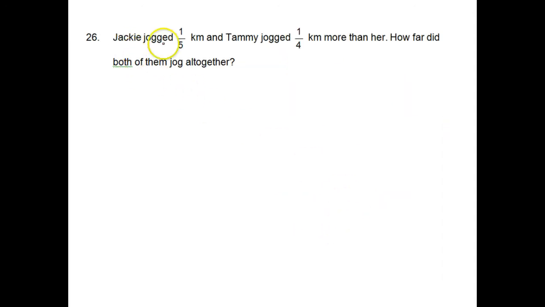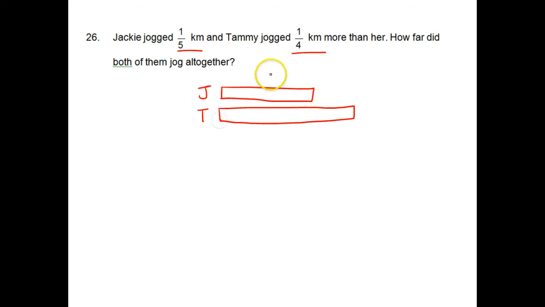26. Jackie jogged 1/5 km and Tammy jogged 1/4 km more than her. So I know that Jackie, help us see this, we draw a model. Tammy jogged more than her. So 1/5 km. Tammy jogged 1/4 kilometer more than her. How much did both of them jog together? So Tammy is 1/5 plus 1/4.